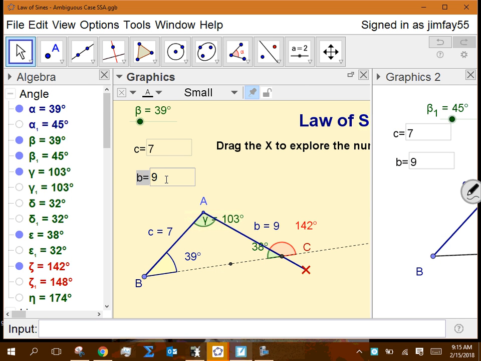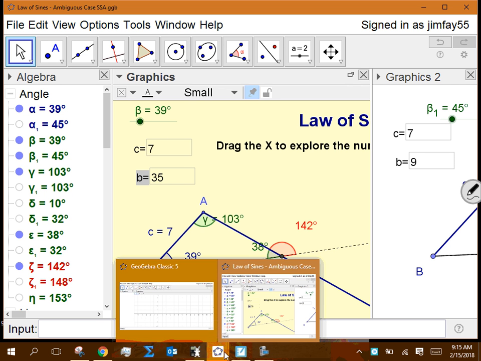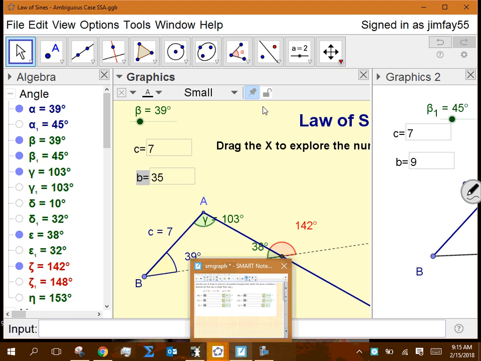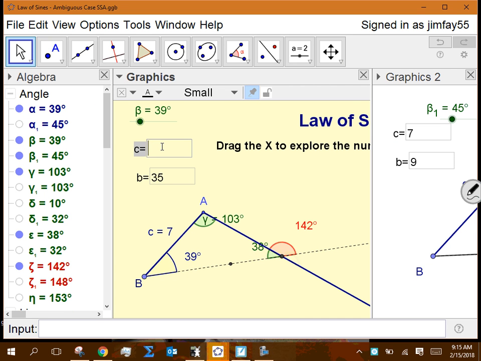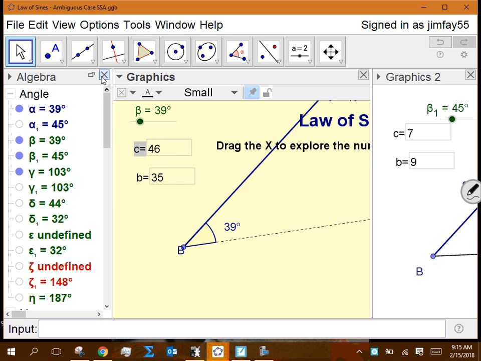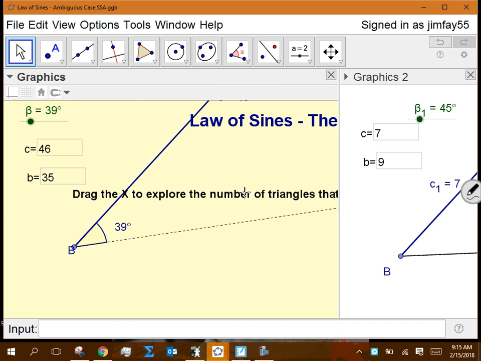So this would be the side opposite it, make it 35. And then the remaining side, what did it say it had to be? 46, okay? So 46. And it's going to make this thing here. Get rid of that. We don't need that in there.